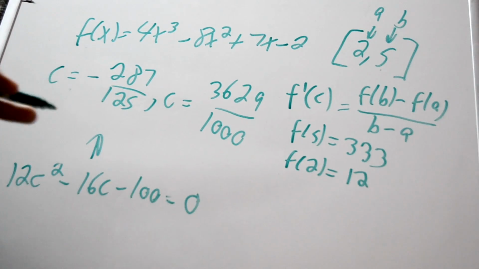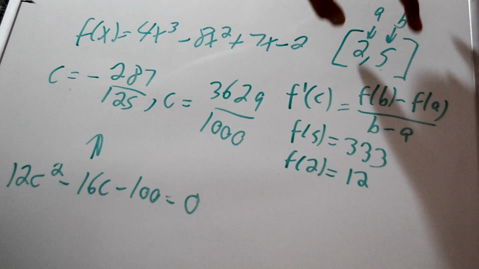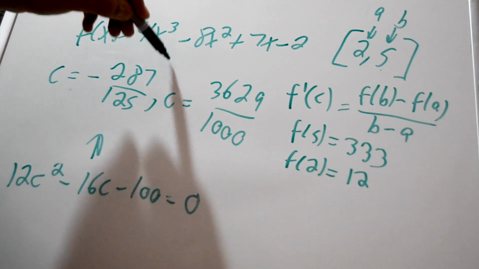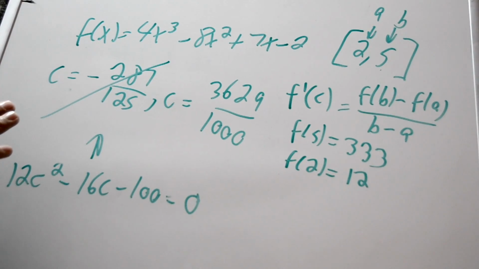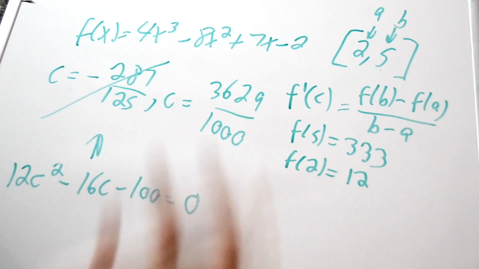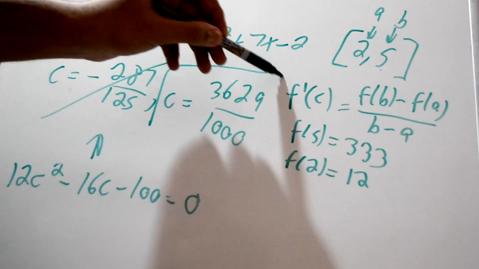So there are two values of c, one negative, one positive, and both satisfy the equation. As you can see, there's no negative value in the interval, so we can cancel out that c value. The other value is between 2 and 5, which is 3.629, so this value satisfies the question.